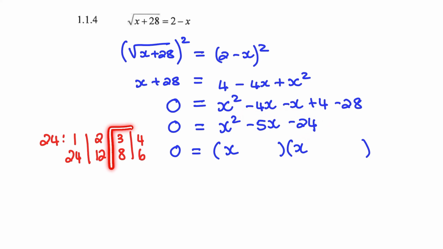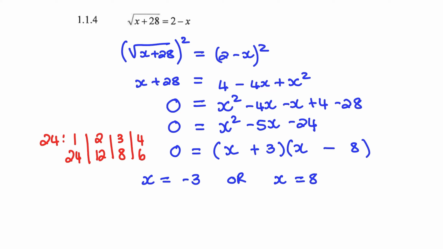We can see that 3 and 8 has a difference of 5. So my second term in each bracket would be 3 and 8. The 8 would be negative and the 3 would be positive, because we want to lead to a negative 5x. So we will give the larger number the minus sign. So x can potentially be -3 or x equal to 8.